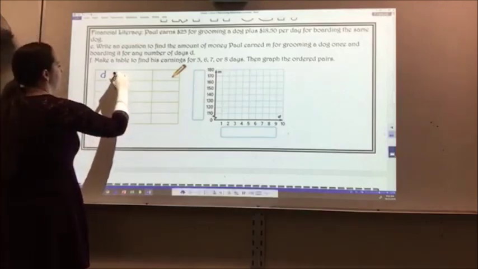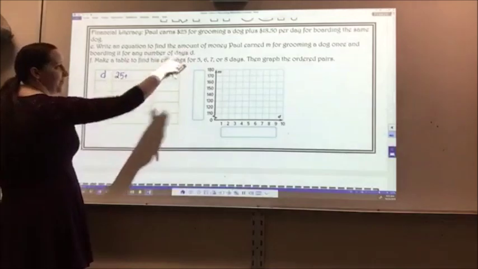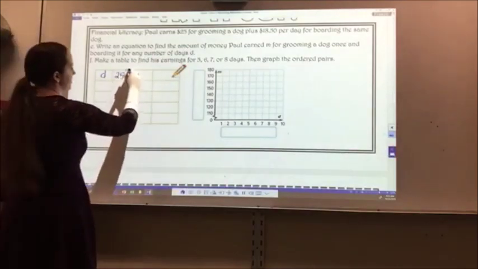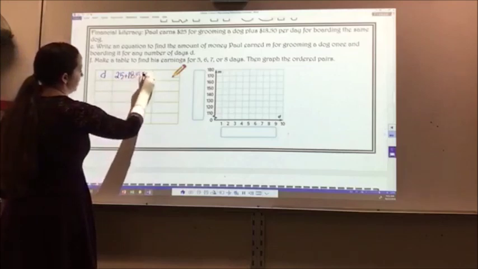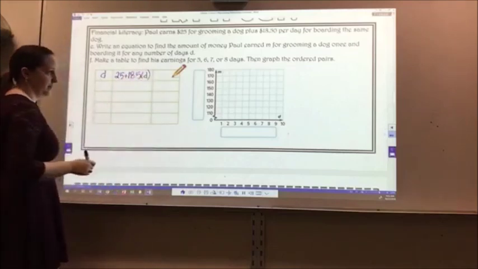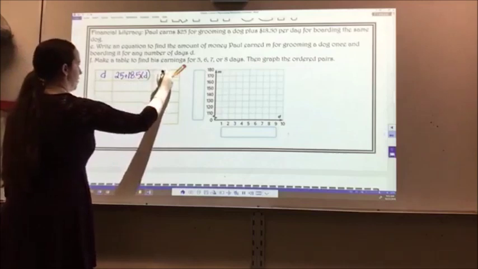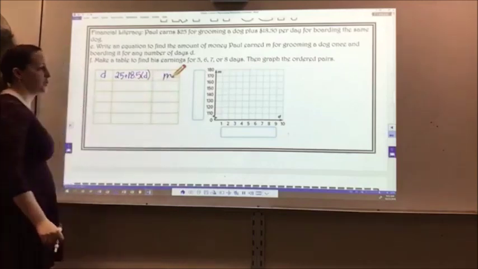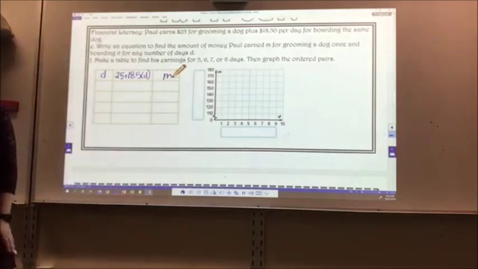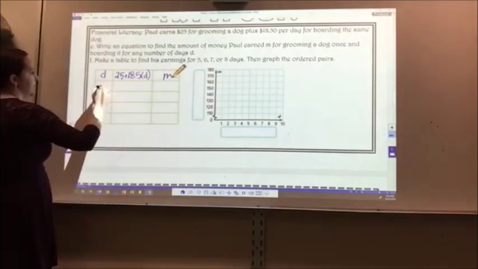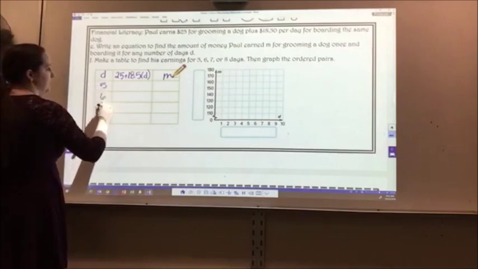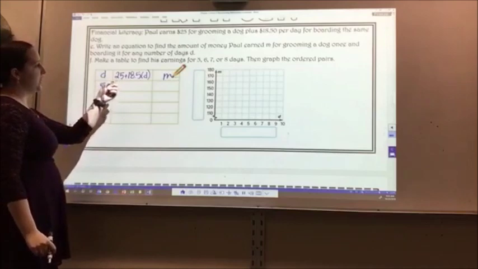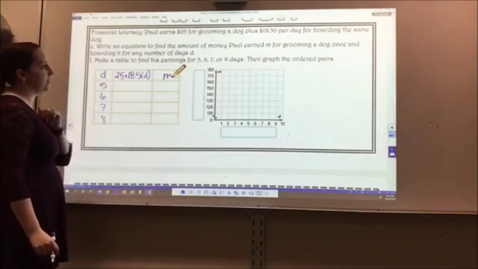So 25 plus every day that the dog stays, it's $18.50. 18.5 times D. And that will equal the total cost. That's the total amount he earned. So let's say he stays 5, 6, 7, and 8 days. So my equation that I've created is 25 plus 18.5D.